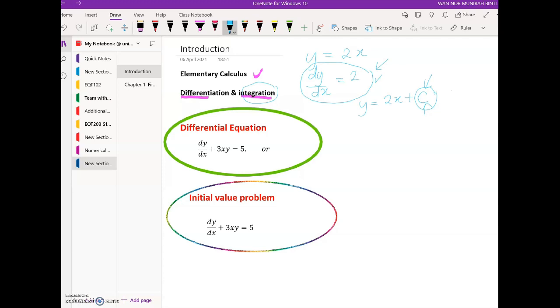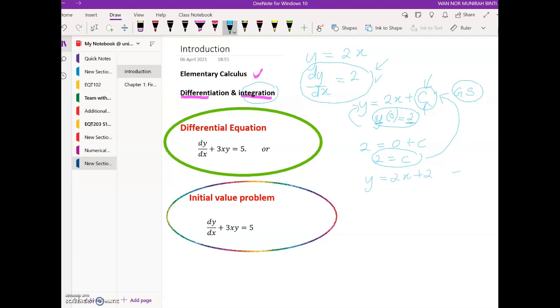When c has a specific value, for example given an initial condition, y equals 2 when x equals 0, we substitute: 2 equals 0 plus c, so c equals 2. Now c takes a specific value, c equals 2. Substituting back into the general solution, GS, you have y equals 2x plus 2.